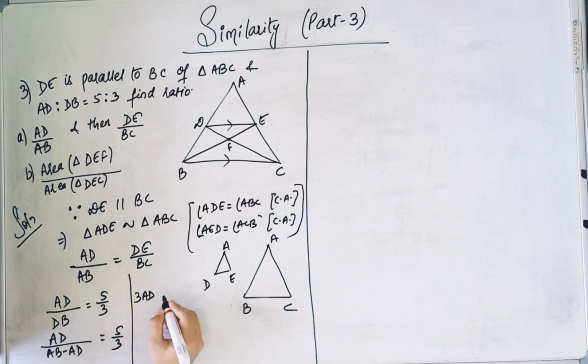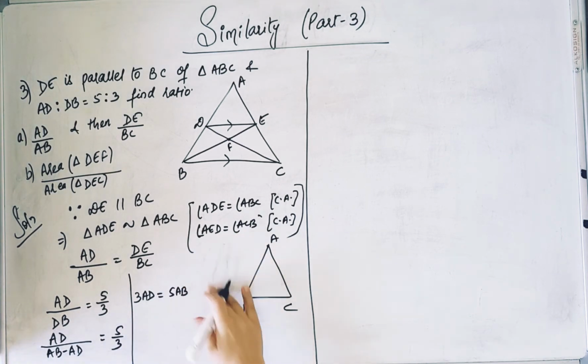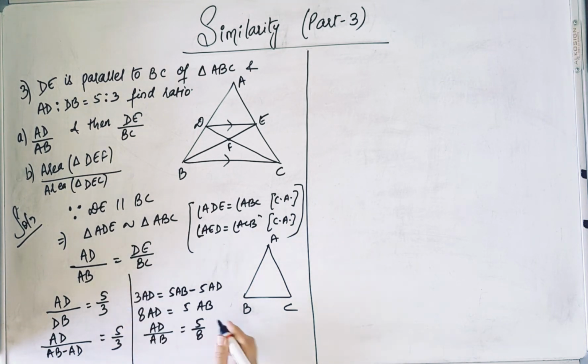So we'll get 3AD equals 5AB minus 5AD. Shifting 5AD to this side, we'll get 8AD equals 5AB. Thus AD by AB will be equal to 5 by 8. And if AD by AB is 5 by 8, obviously this is equal to DE by BC. Thus we have got AD by AB and DE by BC, that is 5 by 8.